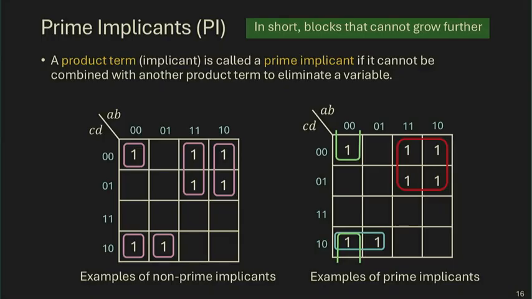And this top and bottom, again, they cannot grow to the right because this is a 0. They cannot grow to the top because these two are zeros. They cannot grow to the other side because this is a 0. So this top and bottom wraparound implicant is also maximally grown. And these are the largest possible implicants, and these are the only things that we'll use for a minimal expression.